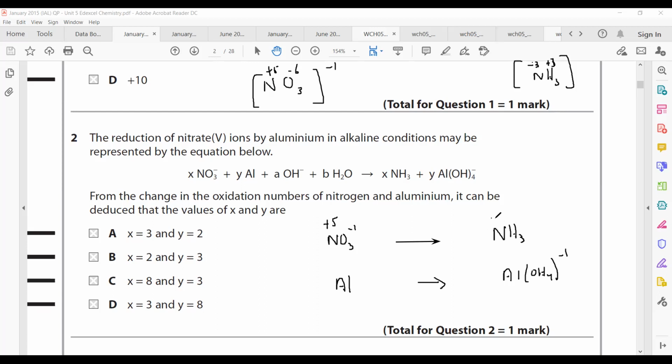So basically it is converting into -3. How many electrons should it gain to convert from +5 to -3? It should gain 8 electrons.